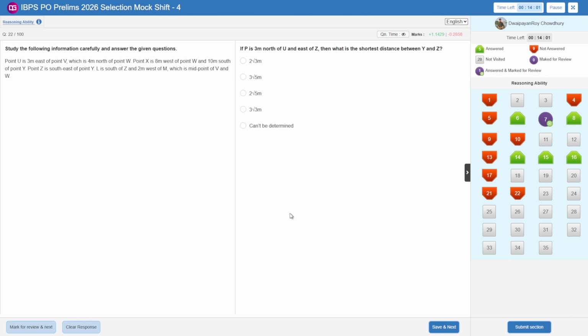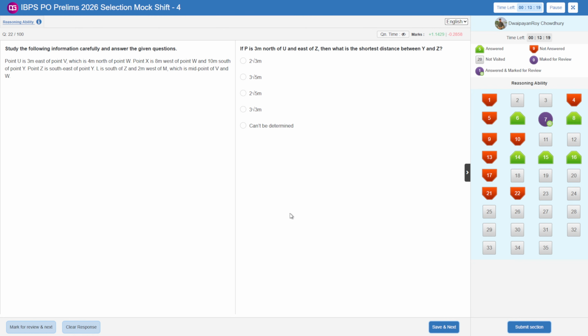U is 3 meter east of V, which is 4 meter north of W. X is 8 meter west of W, and X is 10 meter south of Y. Z is the southeast of Y, okay. L is to the south of Z and 2 meter east of M, which is the midpoint of V and W.